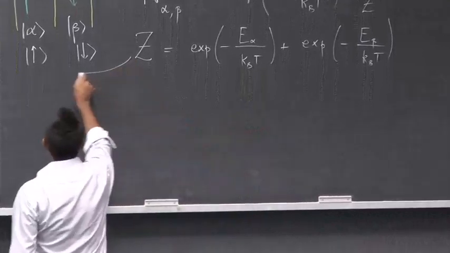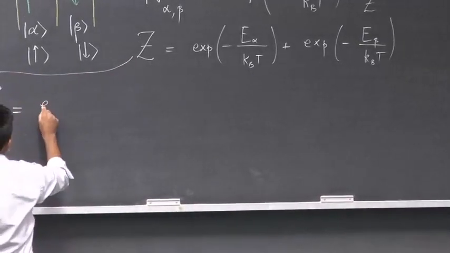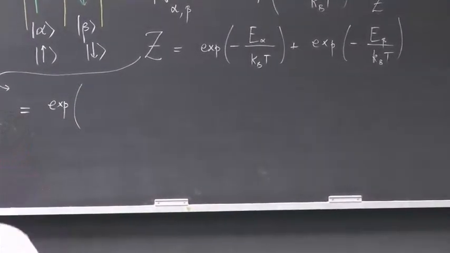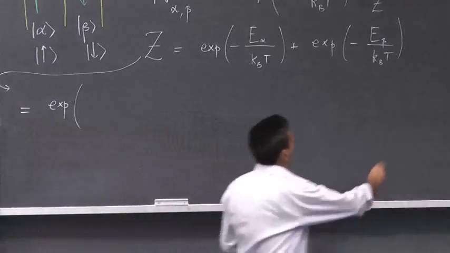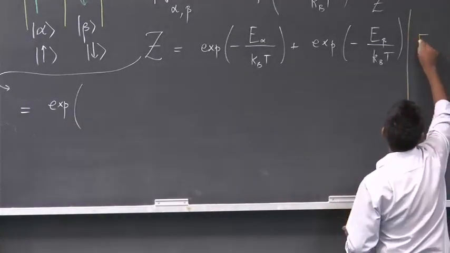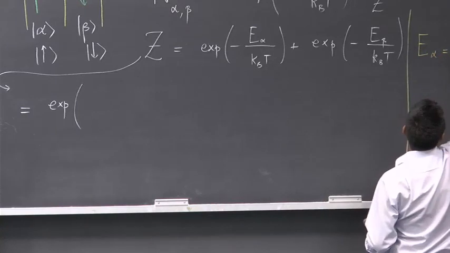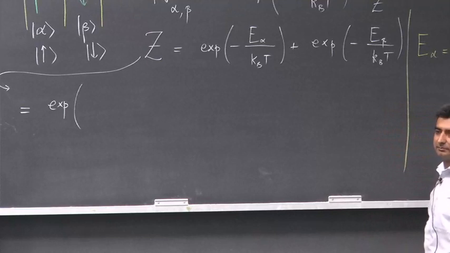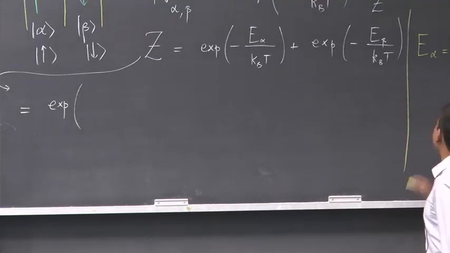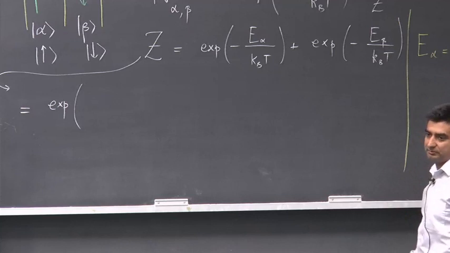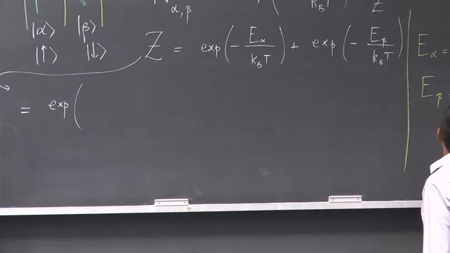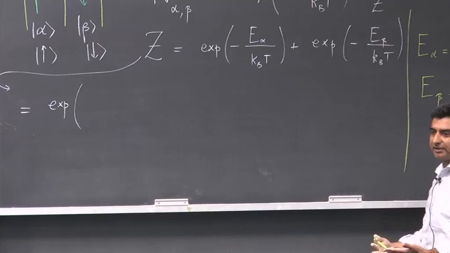E alpha is the low energy state, minus mu B B. What's mu for an electron? It's simply the Bohr magneton, mu B. E beta is plus mu B B. So these are the energies of the alpha and the beta states.